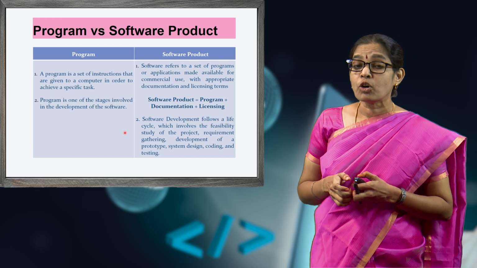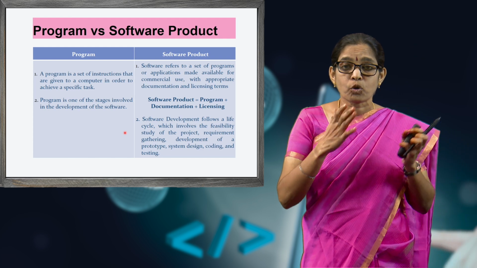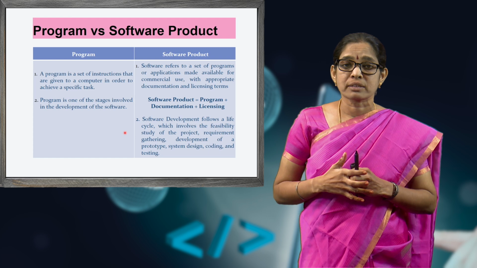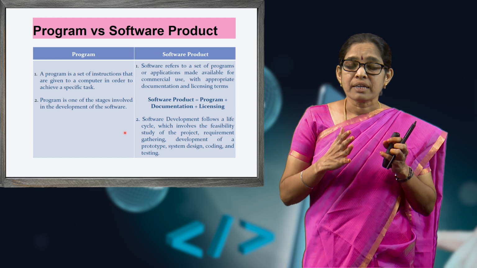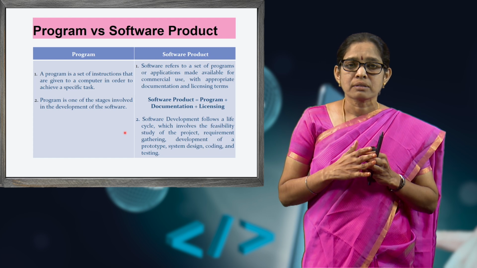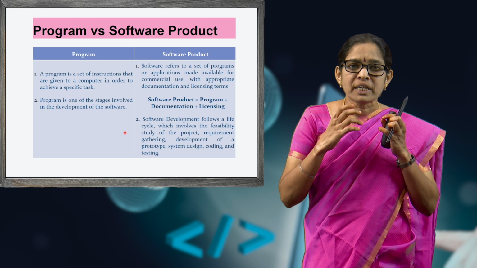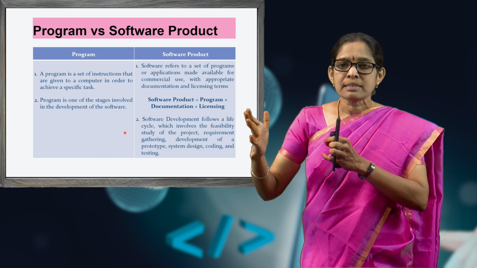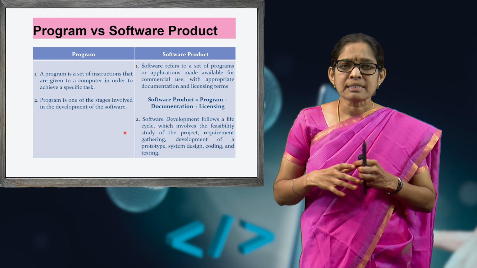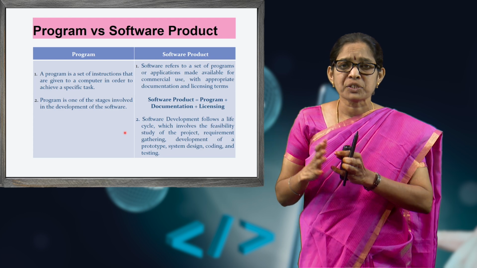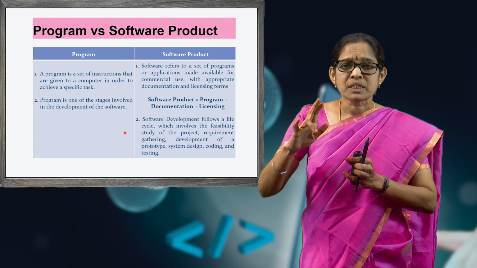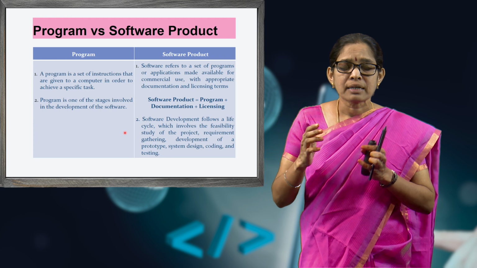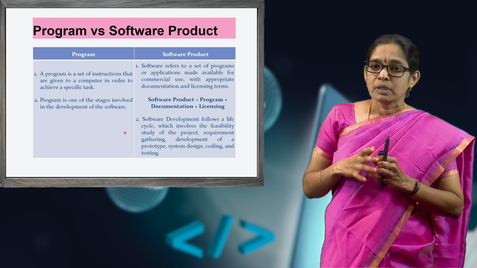Then let us see what is the difference between program and software product. Program is a set of instructions that can be used to perform a task on the computer. On the other side, software product is a set of programs or applications which is made available for commercial purpose.